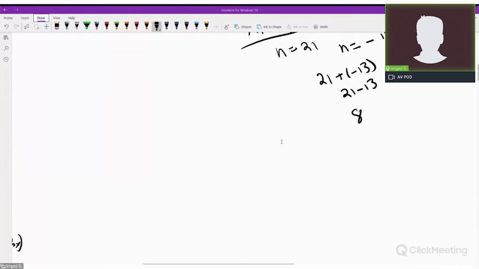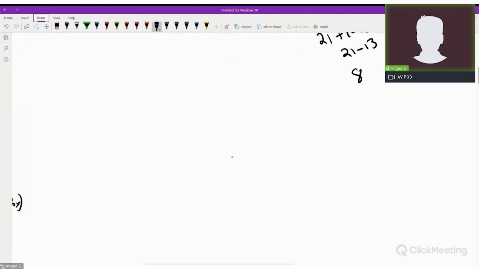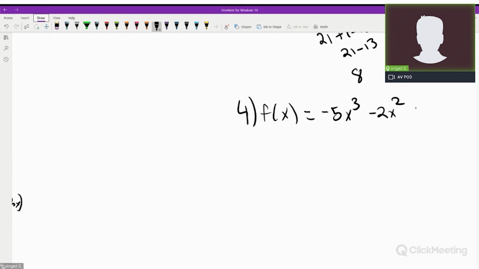So, for number 4, we have f of x is equal to negative 5x cubed minus 2x squared, minus 7.